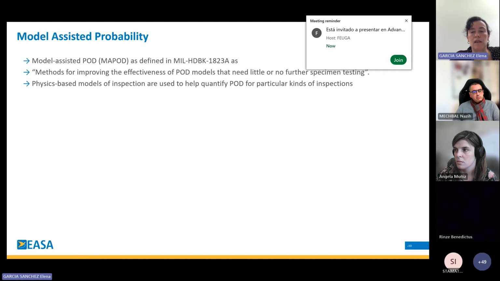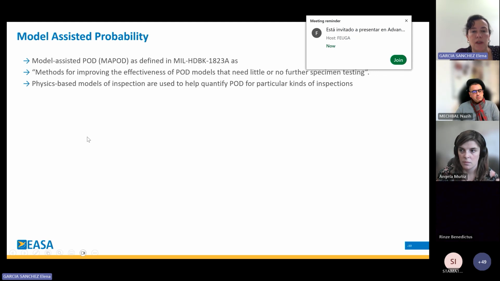Here you can benefit from knowledge of the physics of the problem. For example, if you know the effect that some parameter has on the damage detection, then you will implement it in your model. So, what I could imagine hypothetically, I don't think it exists yet: for PCT, if you know the effect that the size of your panel has on the detection, then you don't need to test all the sizes.